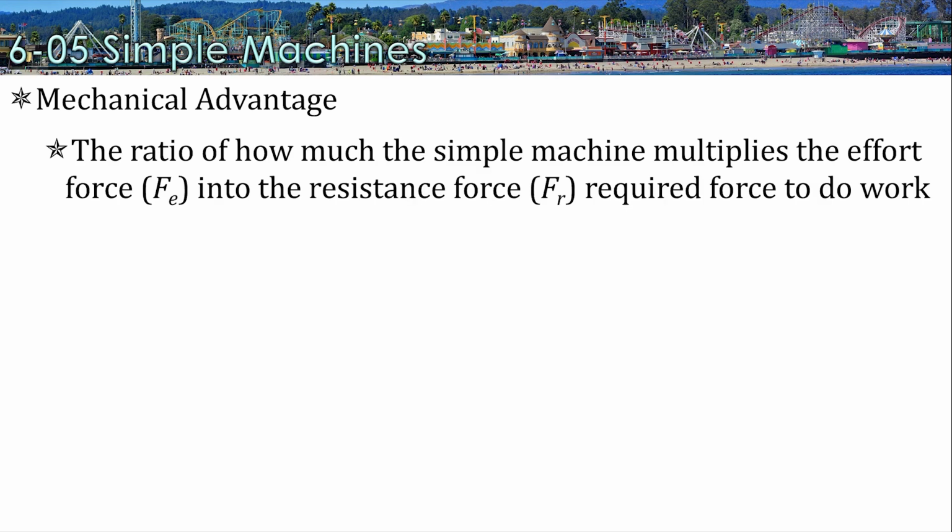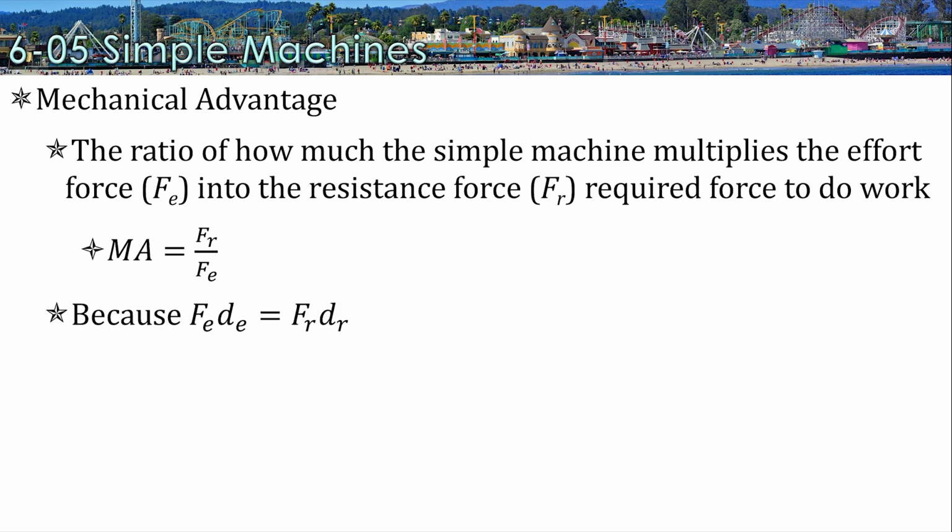Mechanical advantage is a measure of this, changing the force. It's the ratio of how much the simple machine multiplies the effort force into the resistance force required to do the work. So mechanical advantage is the resistance force over the effort force.